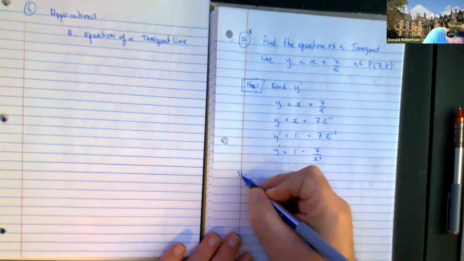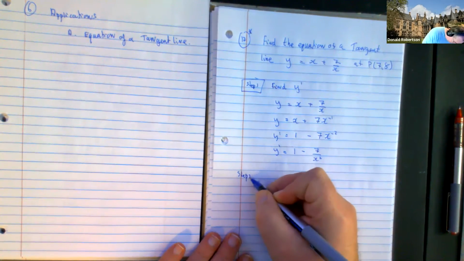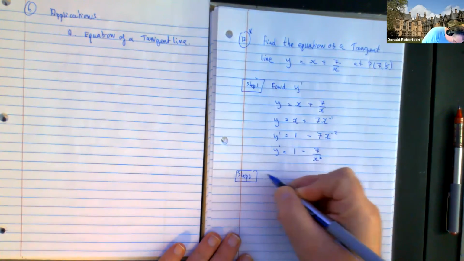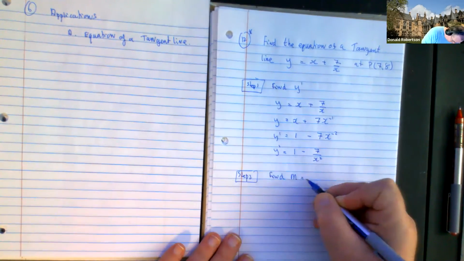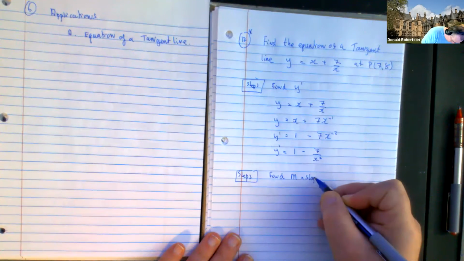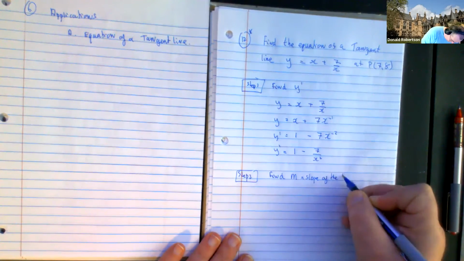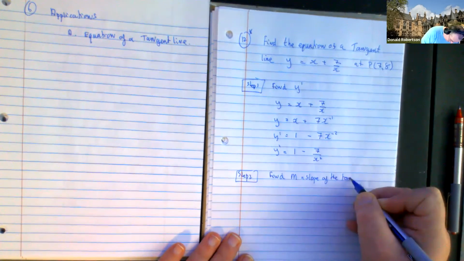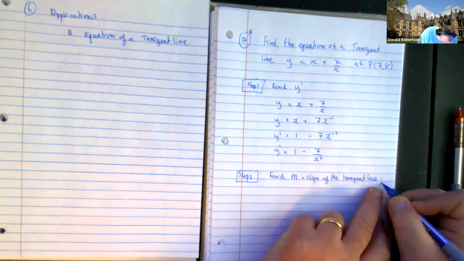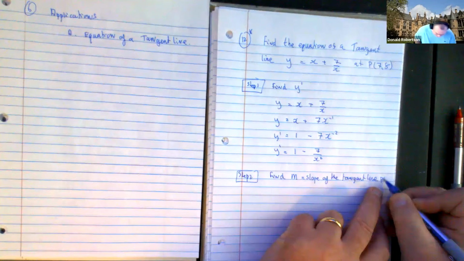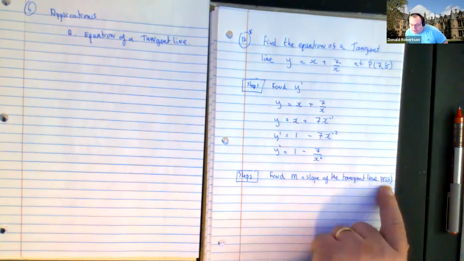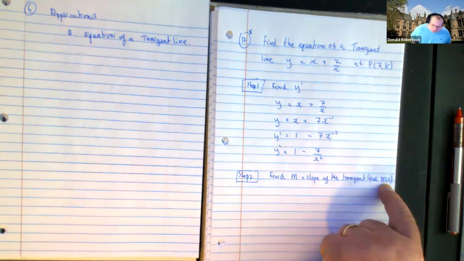Step 2, find m, which is the slope of the tangent line at whatever point happens to be in the question. So we're going to find the slope of the tangent line at 7, 8.